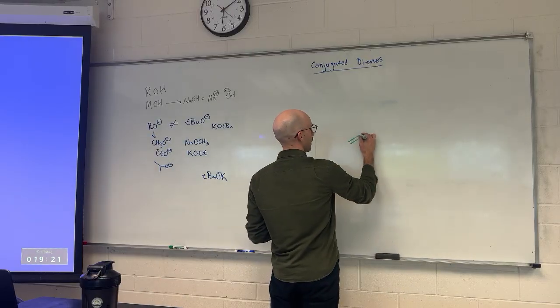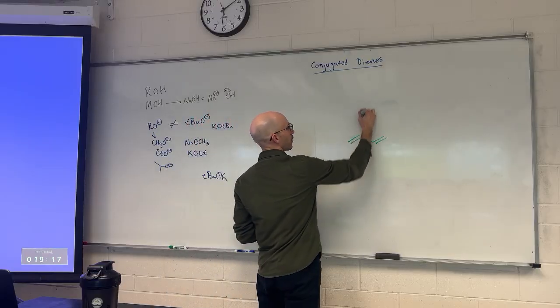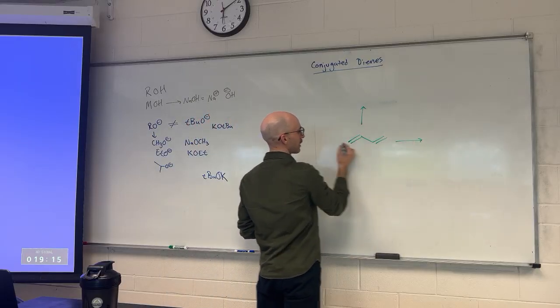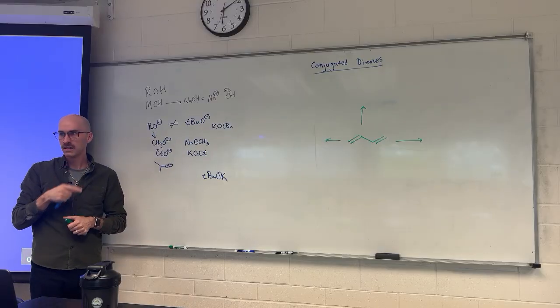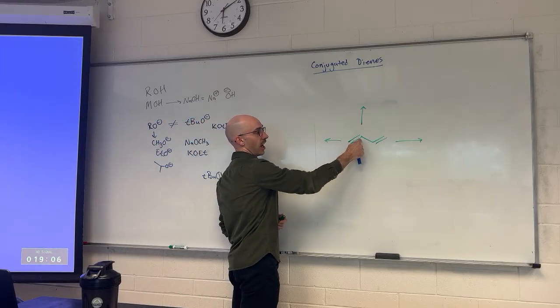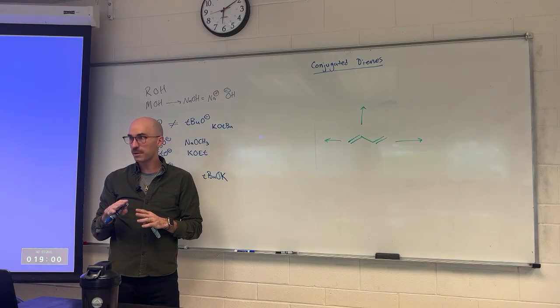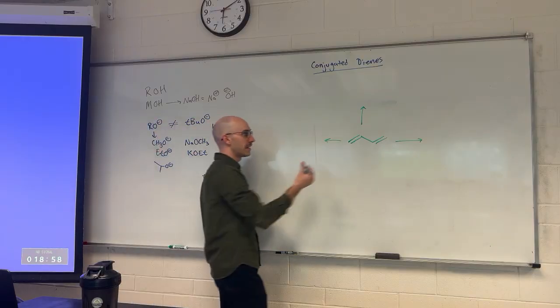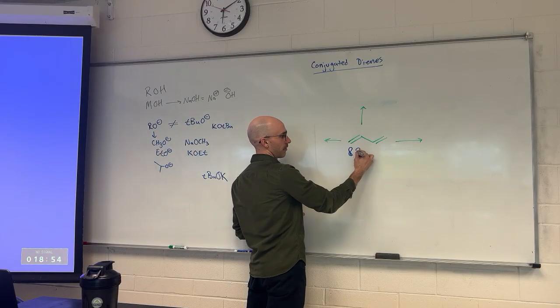So we've got this 1,3-butadiene as our starting material, and we're going to consider 3 reactions that we can do here. This is a conjugated diene. You'll notice that it's an uninterrupted series of sp2 atoms, and all of those sp2 atoms have a p orbital on them.